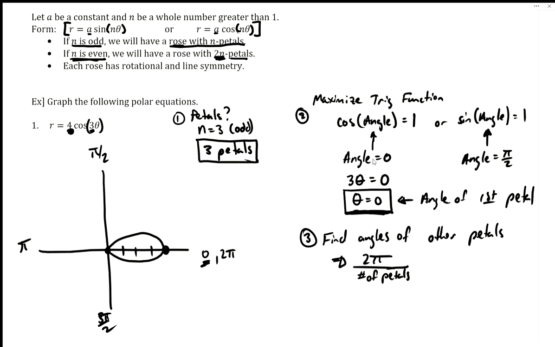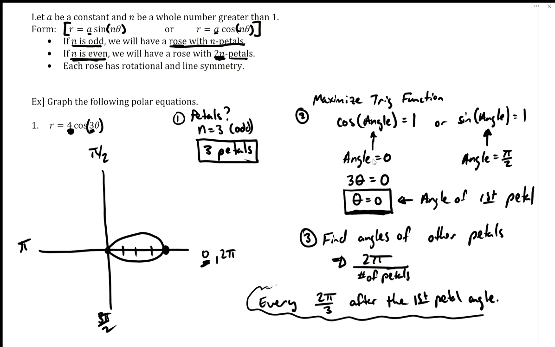In our problem, it would be 2 pi divided by 3. So it's every 2 pi divided by 3 after the first petal angle. Okay, so this gives us the others.